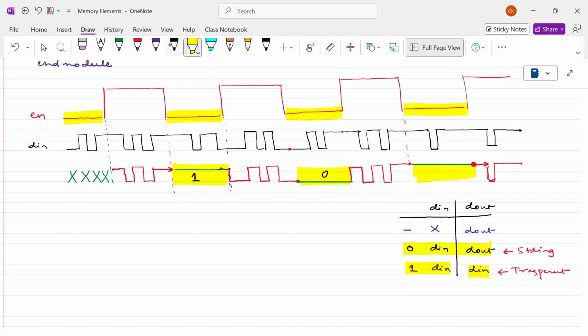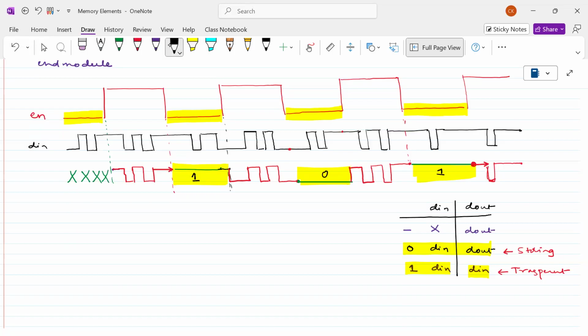Logic 1, we stored logic 1. What did we store here? We stored logic 0. What did we store here? Logic 1, we stored logic 1. The remaining cases are all transparent. So this is the positive latch. The positive latch mode is related to the transparency: when logic 1 is there, the input is transparent to the output.